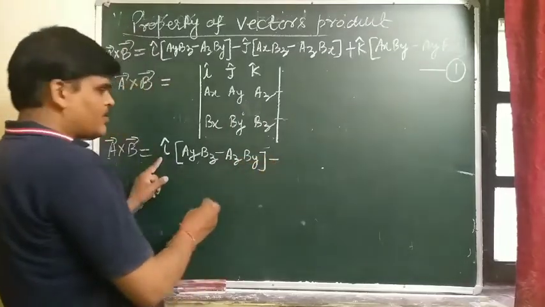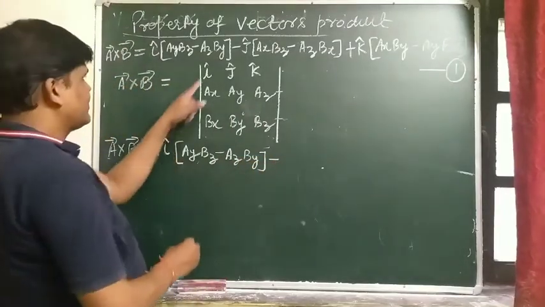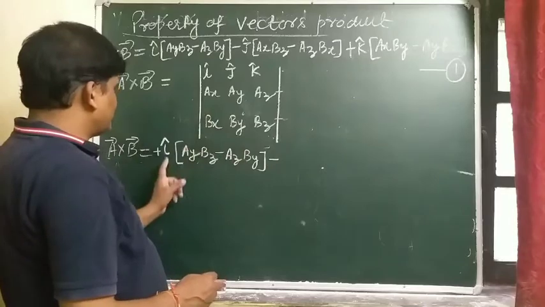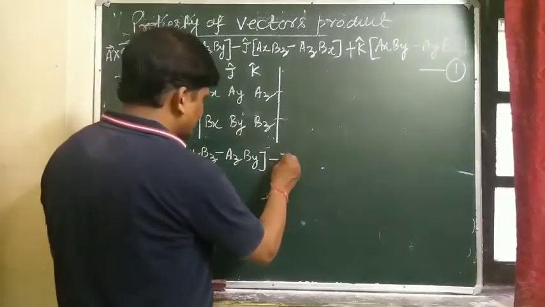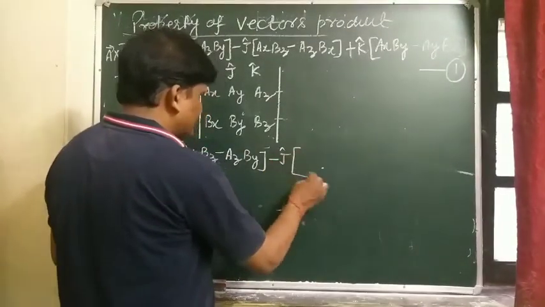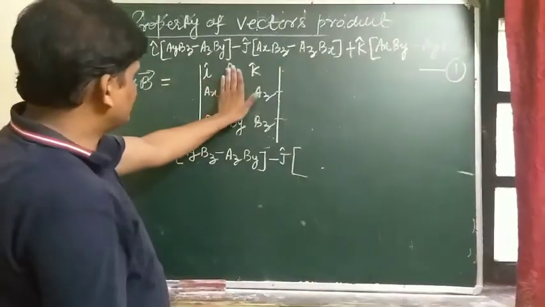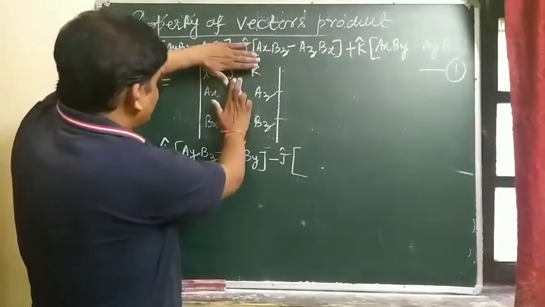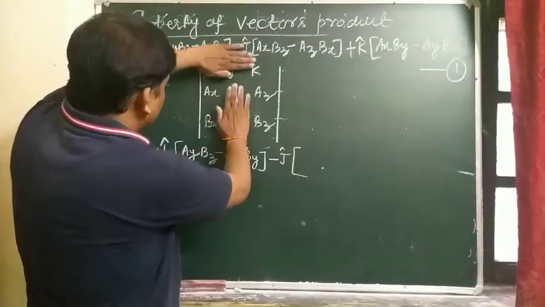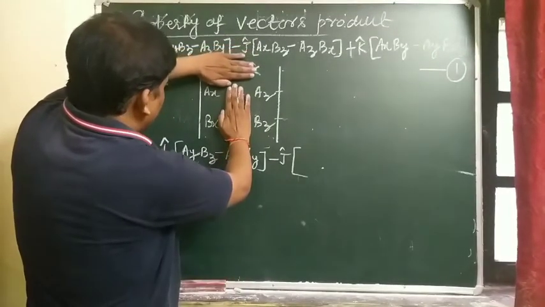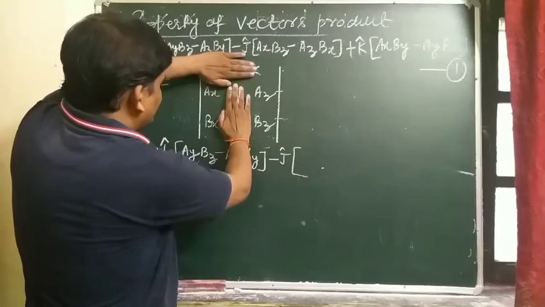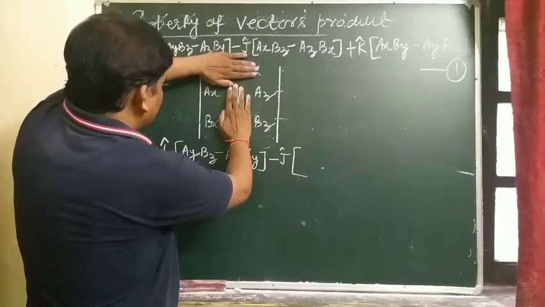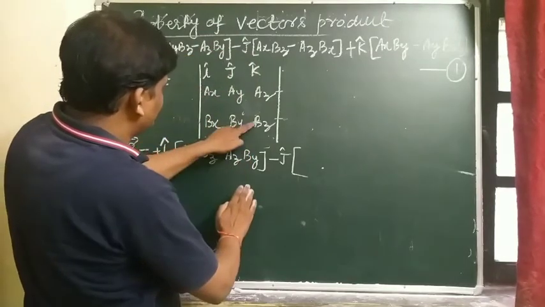First I is positive, then second is negative. Now again hide the first row and second column, so we write AX BY.